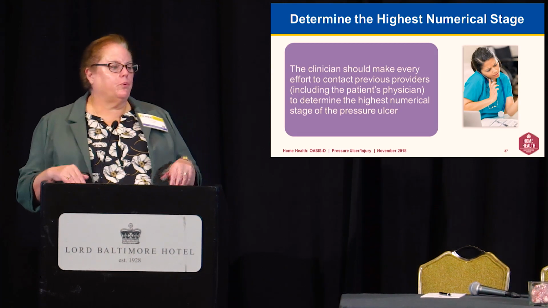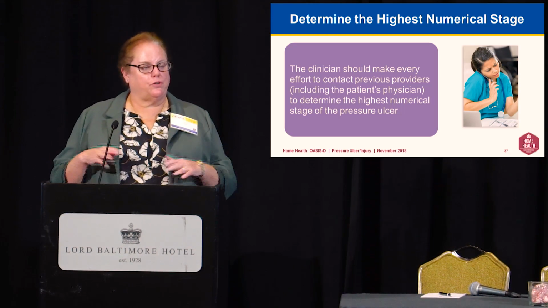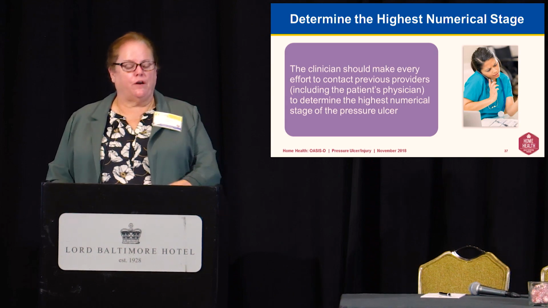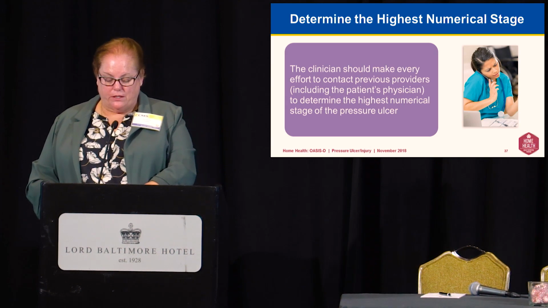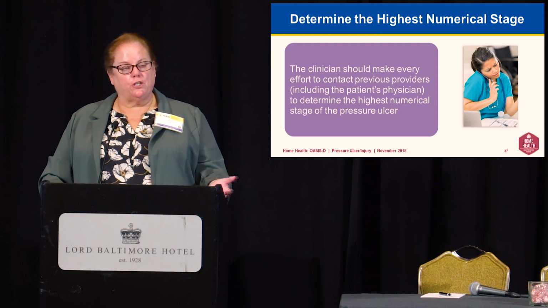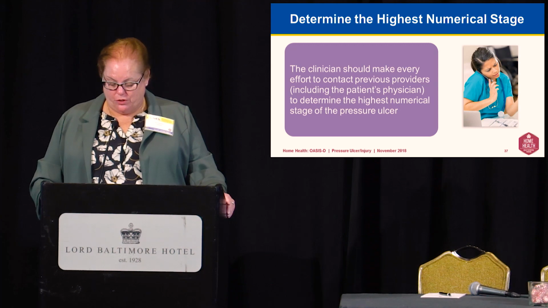So this is an important point. If someone is coming to you with an injury of some sort, a pressure ulcer injury, you want to make every effort to contact the previous provider, including the patient's physician, to determine the highest numerical stage of the pressure ulcer.